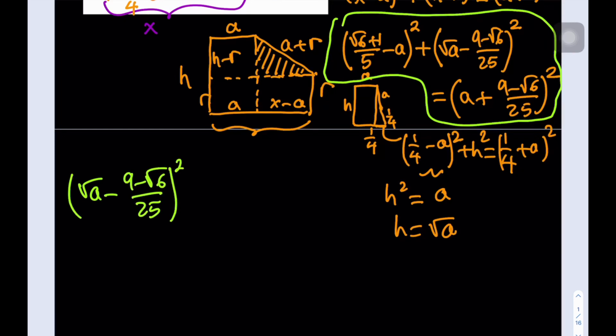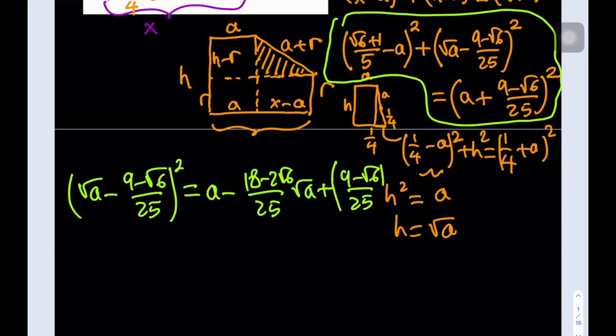But if you just square this part, you're going to be getting something like a minus this guy multiplied by 2. So I can write it as this times the square root of a plus this guy squared. Okay, I got to square that guy. That's going to be gigantic. Awesome. Even this part is kind of cumbersome to deal with. And plus, to make matters worse, when you squared this, you got another radical.